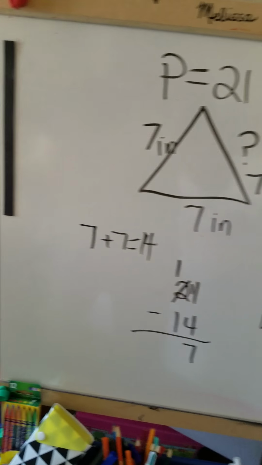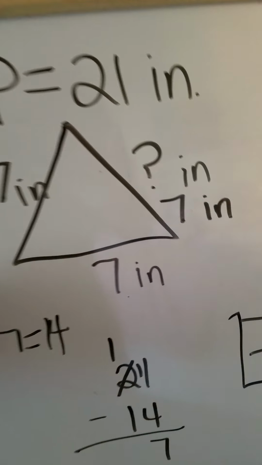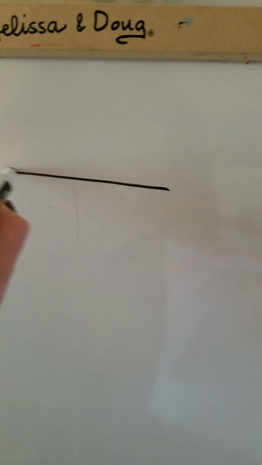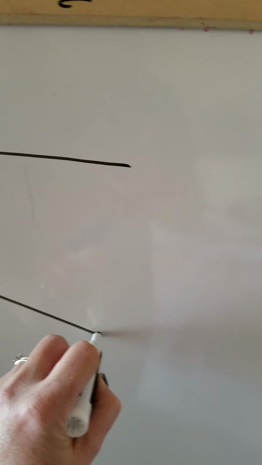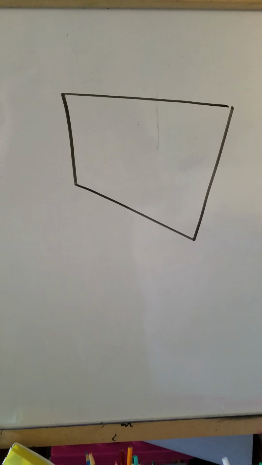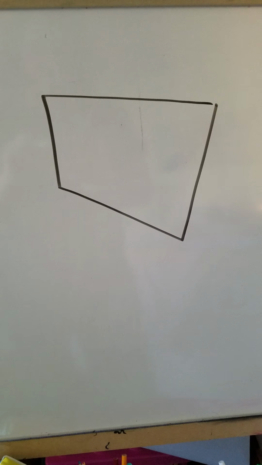So let's look at one more example. So we'll erase this real quick. Try not to wiggle the phone too much here. Okay, let's try another example now. Okay, definitely not a rectangle, right? But it is a quadrilateral because it has 4 sides.